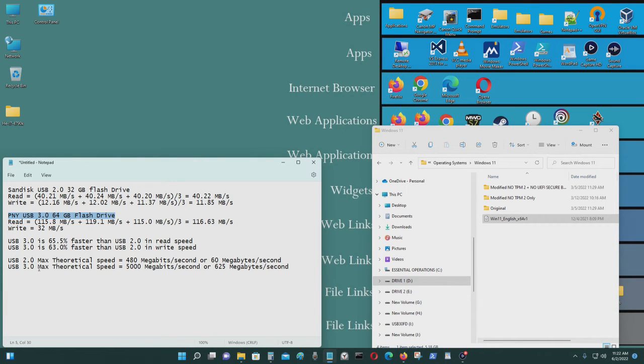And this USB 2.0 drive should be capable of 60 megabytes per second, but it's only getting 40.